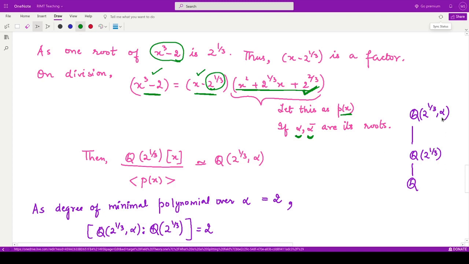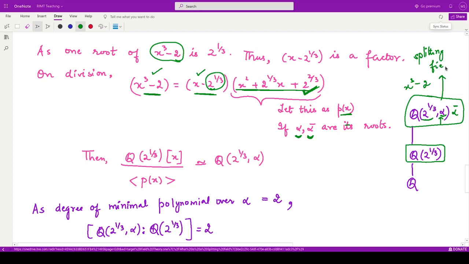So I can adjoin this element alpha to the lower field, so that the new field now has all the elements 2 to the power 1 by 3, alpha, and alpha bar as well, right? So we found a field where all the roots of x cube minus 2 are present. That means we can say this is the corresponding splitting field.